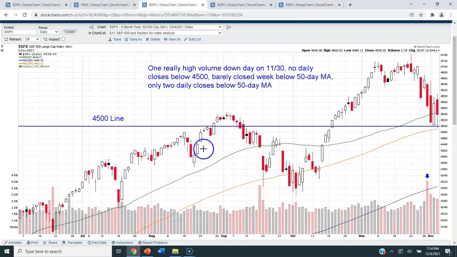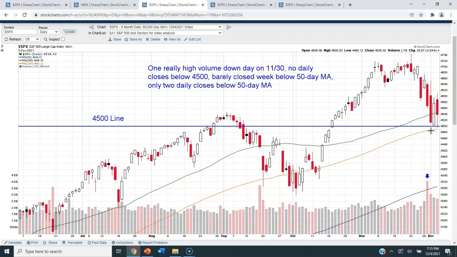You can see back at the end of August, beginning of September, there were a few days, but only a few days, of trading above 4,500, and then we fell below it, and then we got back above the 4,500 line in the middle of October. This week we pulled back, and on Friday, as you can see by the tail of this candle, we slightly undercut that 4,500 level.